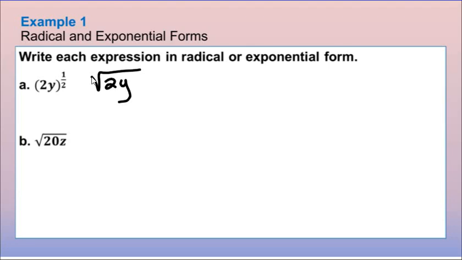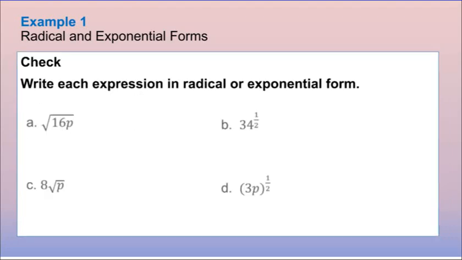And the radical as an exponential, since this is in the radical, I need 20z raised to the 1/2 power. A few more, write these as radical or exponential forms. So this would be 16p in parentheses raised to the 1/2 power.